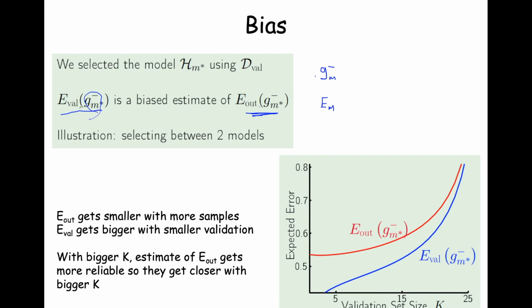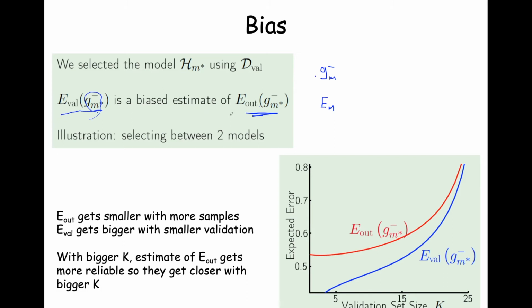Why? Because the g_m star minus we select is the result of selecting the smallest validation error, and as we said, we get this optimistic bias. We selected some model H_m star, the hypothesis set associated with the limited final best hypothesis g_m star minus, which was that selection. Because it's a selection, we get this optimistic bias.